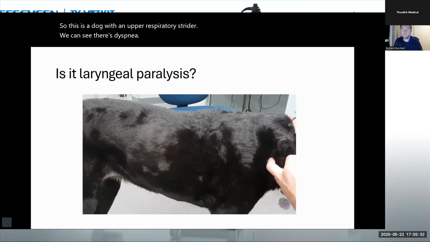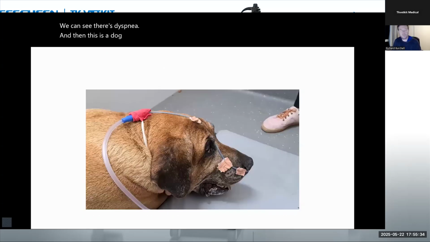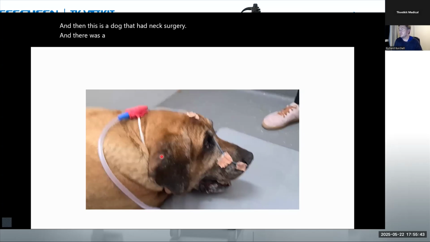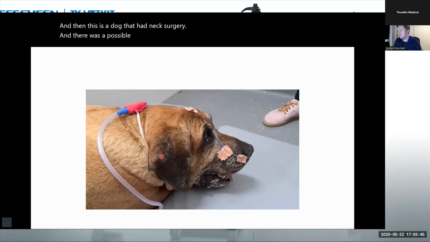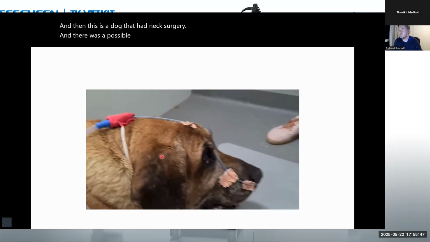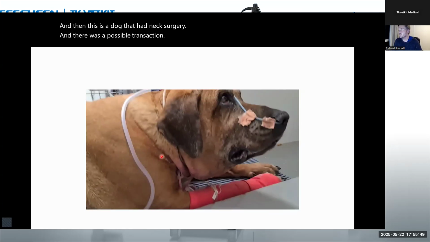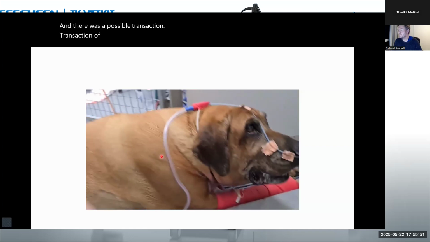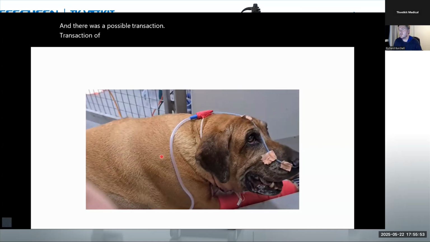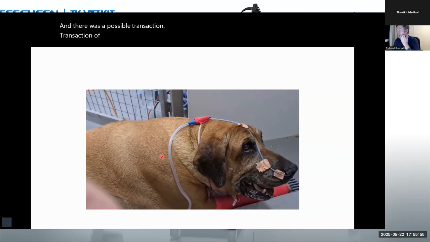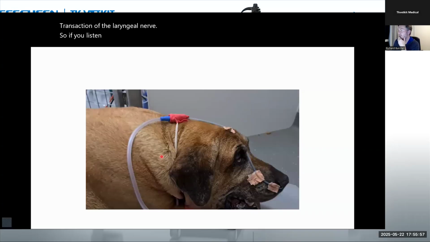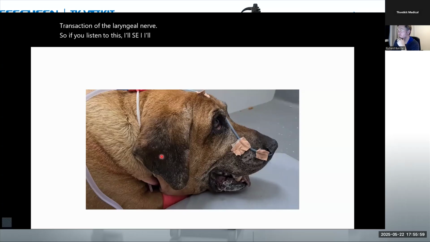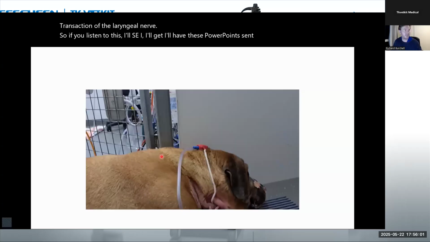And then this is a dog that had neck surgery, and there was a possible transection of the laryngeal nerve. I'll have these PowerPoints sent through so you can actually listen to the audio.